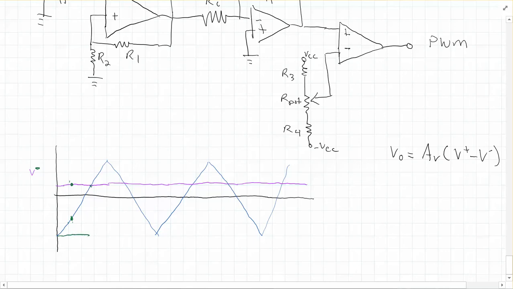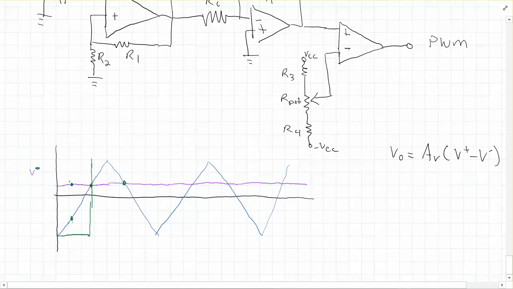But notice right at this point, the triangle wave has gone above this V minus, and this blue curve, remember, is V plus over V minus, so at that point I'm going to saturate up to the positive rail.